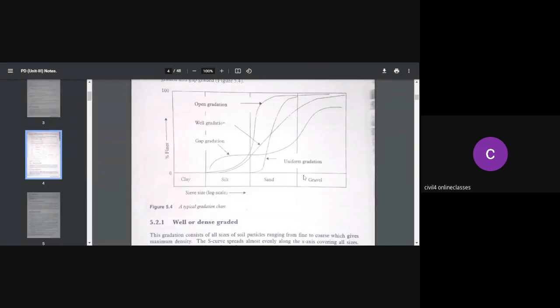These four different types of soils you have. This curve is the open graded soil, this one is the gap graded soil, and this one is the well graded soil. What is the meaning of well graded soil? It means it will have almost all sizes of particles.